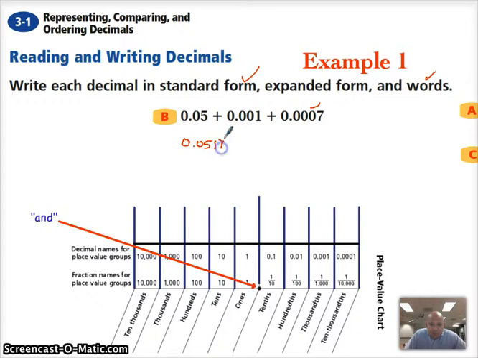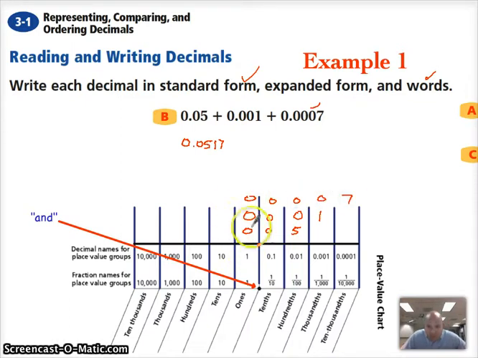Another way to look at this is to use our chart here, or use the chart you just made. We're going to put 5 hundredths right here, 1 thousandth right here, and then we're going to put 7 ten-thousandths right here.